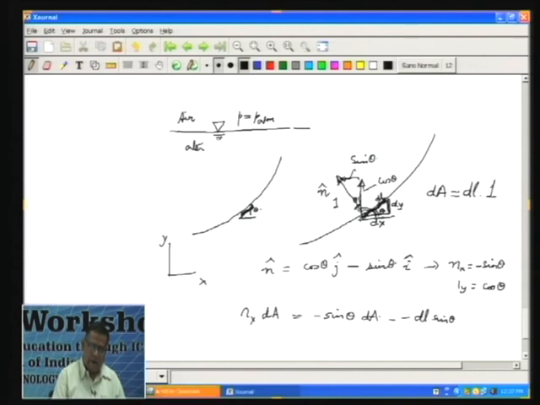Now, dl sin theta is going to be equal to dy from this triangle, and dy into 1 is dAx, the area element which is perpendicular to the x direction. Similarly, n y dA is cos theta dA, which is dl cos theta, which is dx.